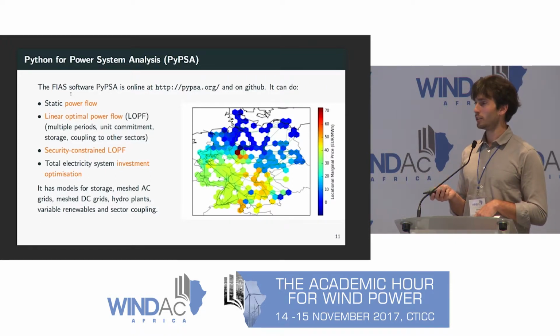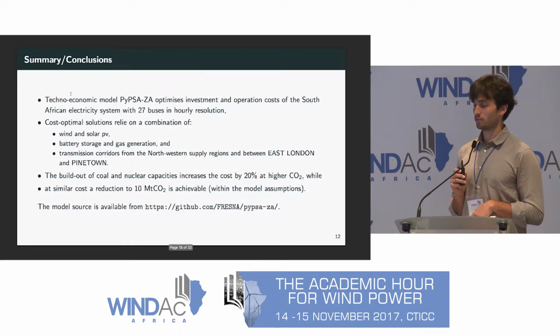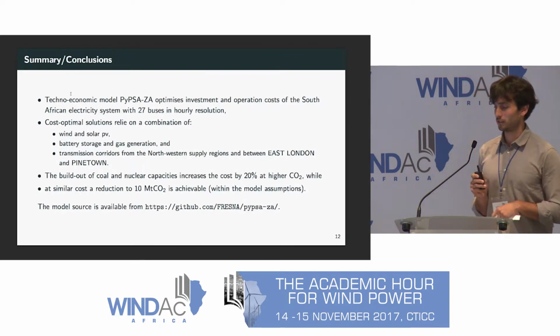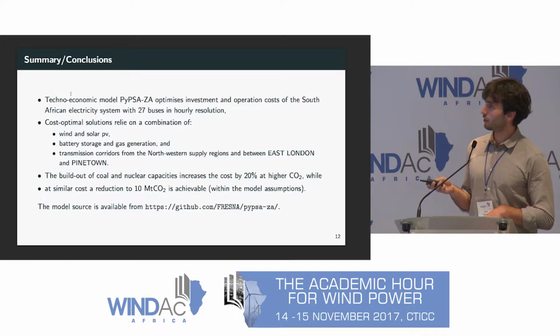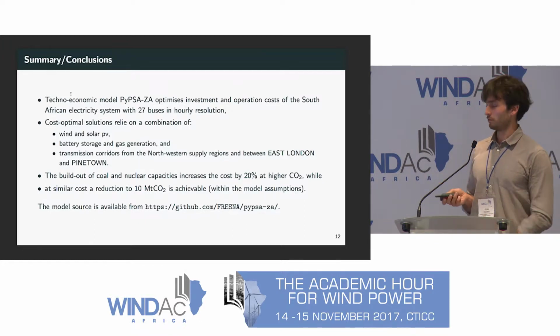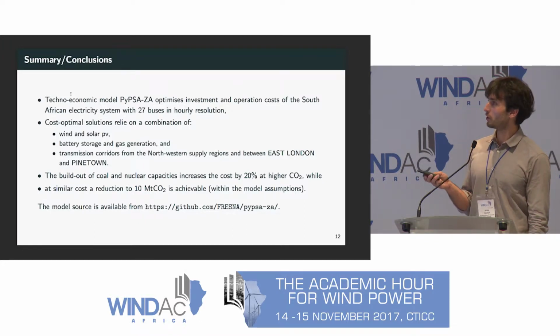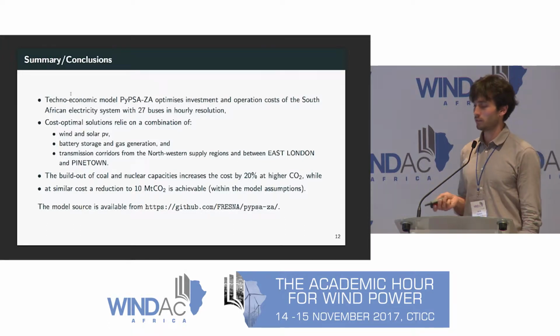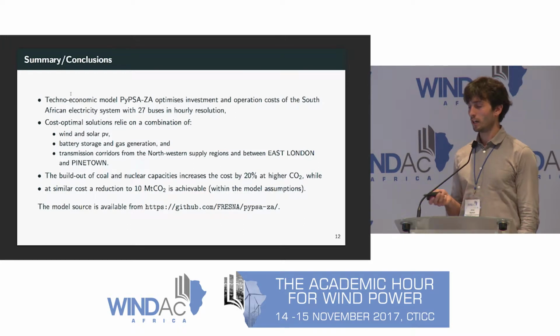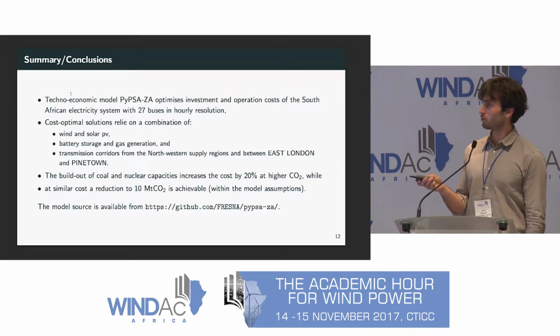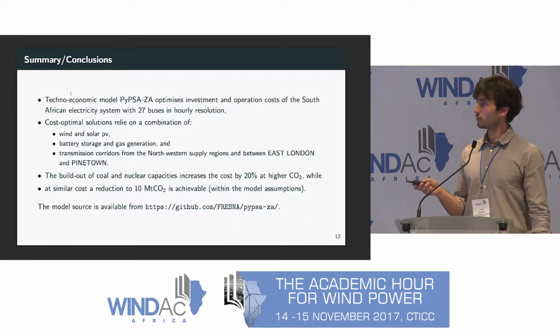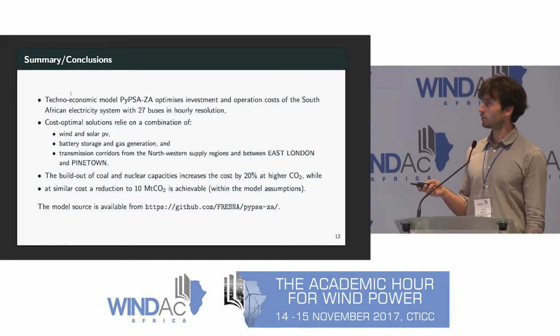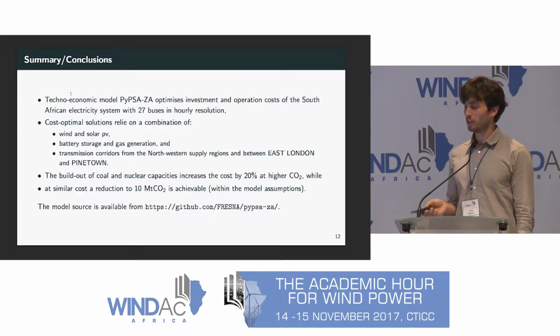I will just head to the conclusion and tell you again that the model tries to optimize investment and operation in South Africa in 27 buses at hourly resolution, and finds a cost-optimal solution based on wind and solar PV, which is balanced by battery storage and gas generation, together with some transmission capacity expansions.